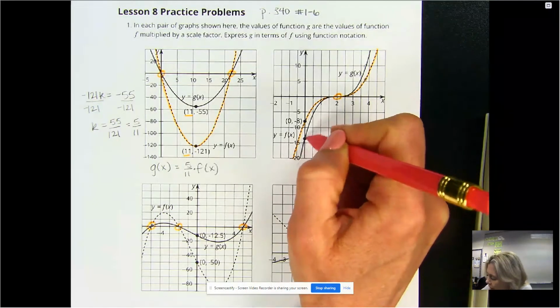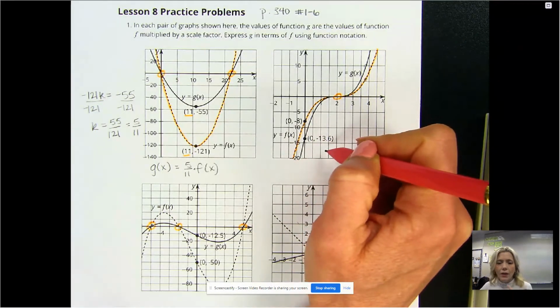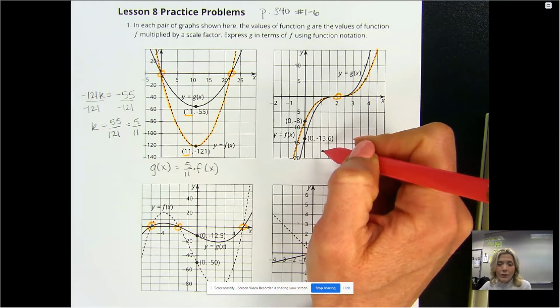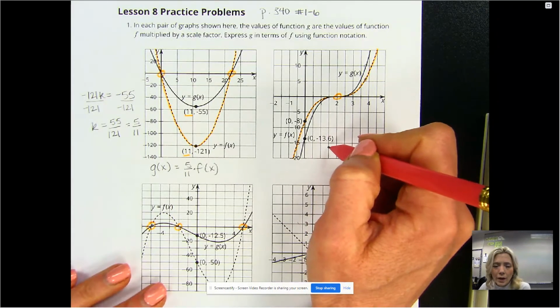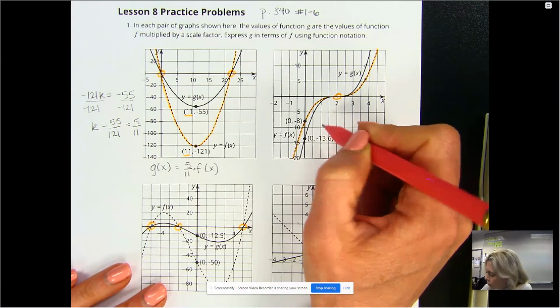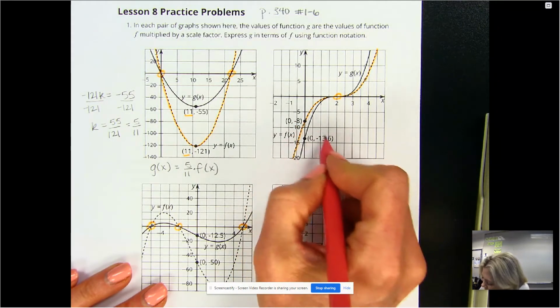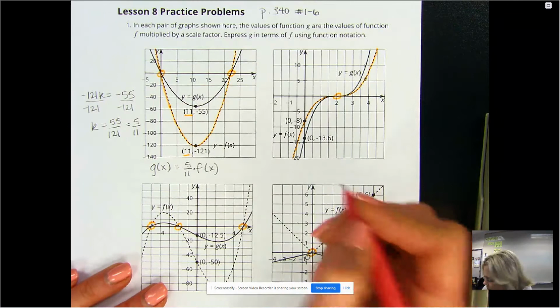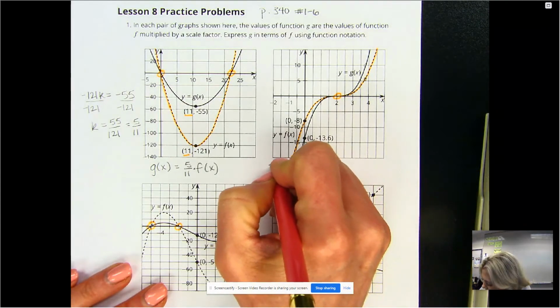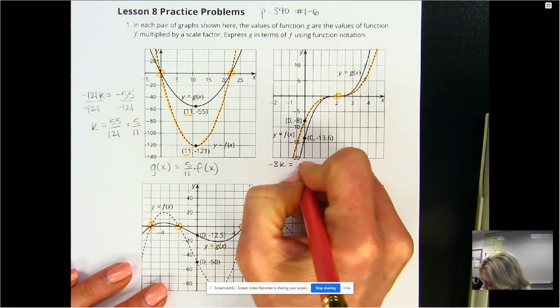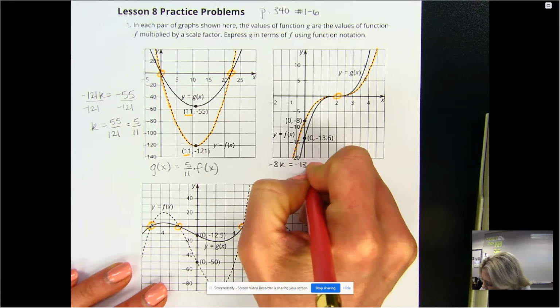On the negative side, you could say it's more negative than the corresponding number that goes with it. So for this one, we have negative 8. We multiply it by something to get negative 13.6. So negative 8 times k is equal to negative 13.6.